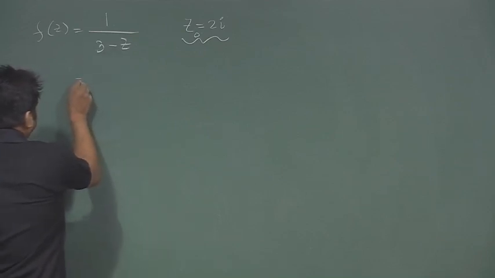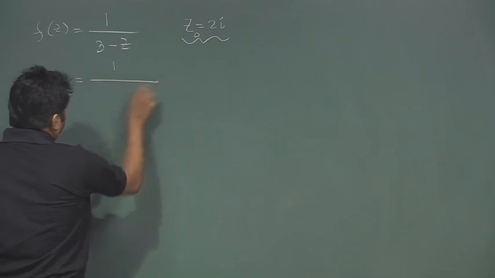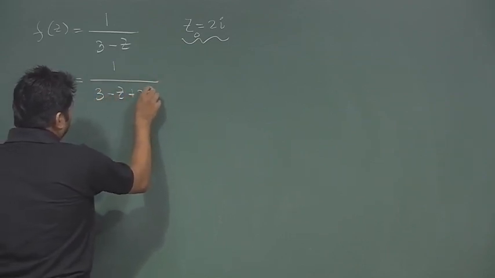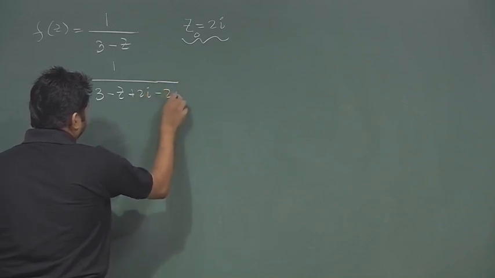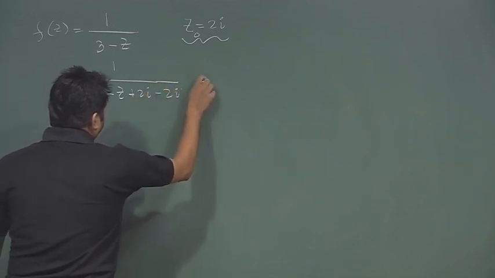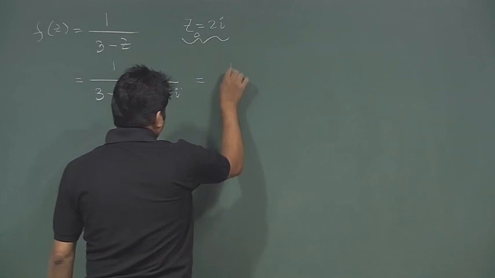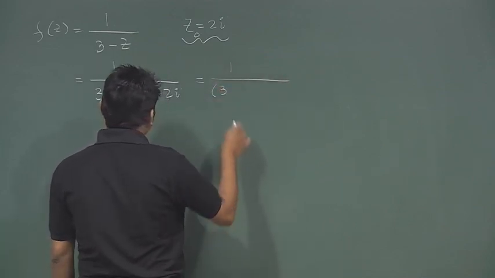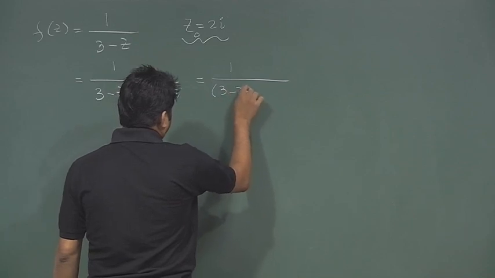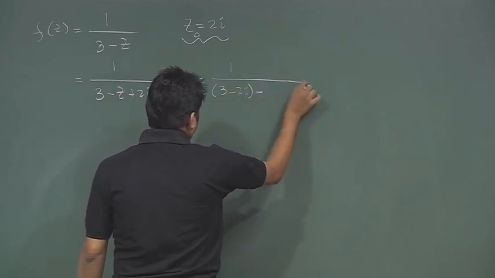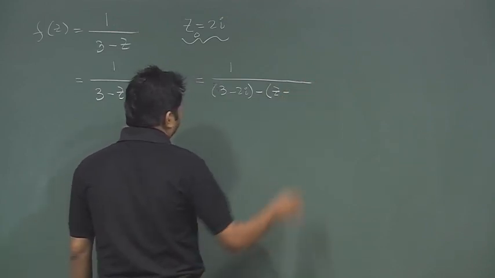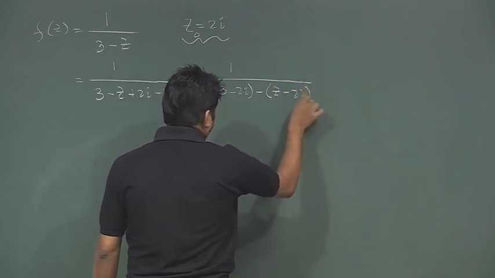The procedure is exactly the same as what we have been using. I add 2i and subtract 2i and write this expression in this way: 3 minus 2i minus (z minus 2i).